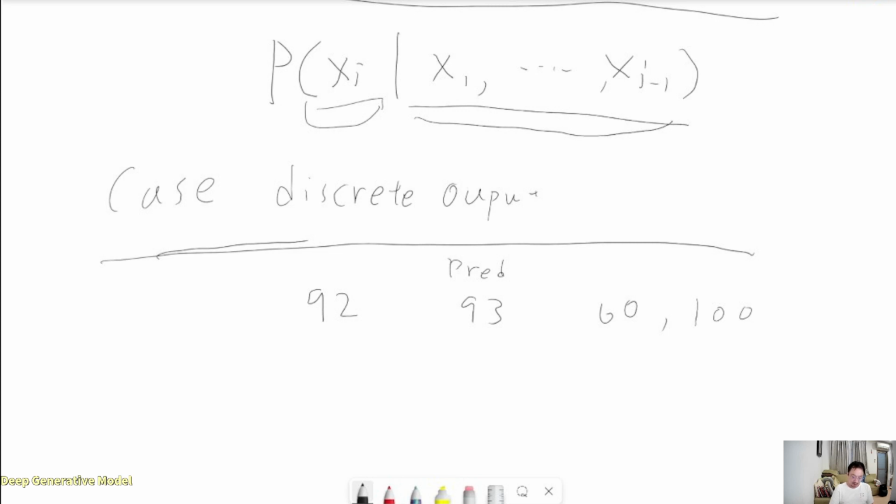We know that the output might have some structure because we know that 93 is more accurate than 60 and 100.